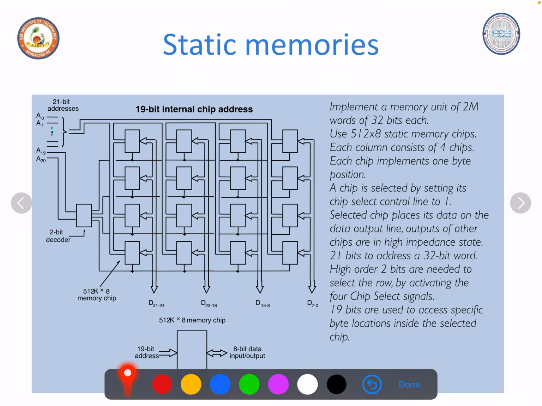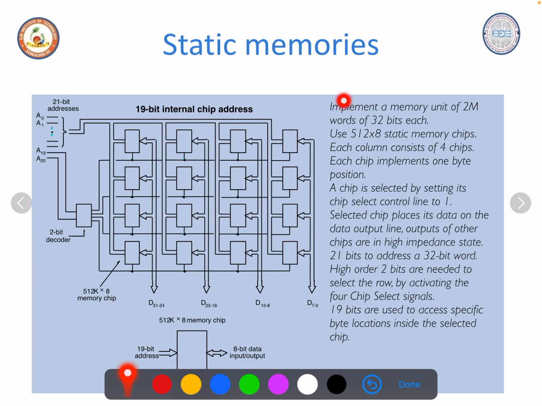So 19 bits are used for selecting within one memory chip. Likewise you have 4 by 4, total 16 chips. To access that, you need 2 bits to select a particular row of chips, which is done through this 2-bit decoder, the last 2 bits A19 and A20.